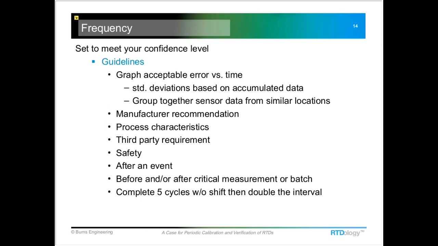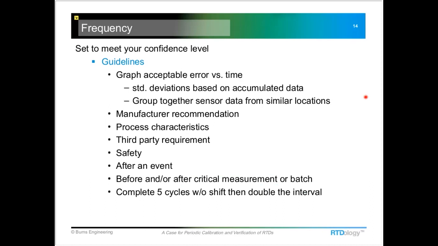So just to boil this down, here are some other things that you can do to help determine a good frequency level. Again, you need to set this to your confidence level. We could take several different temperature points that maybe are all measuring a fluid temperature at various points within the facility. We can group all that data together and see what's happening over time.